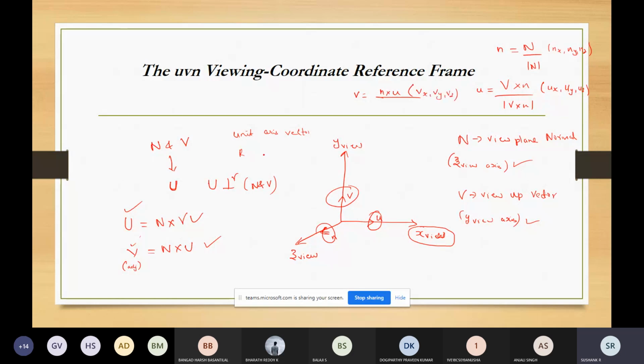Like this, by following this procedure for the right-hand viewing system, you can obtain the UVN coordinate system. I'll just write those formulas here. N is equal to N by its magnitude, which is given by nx, ny, nz. Similarly, U is equal to the view vector cross normal by its magnitude, which is ux, uy, uz.